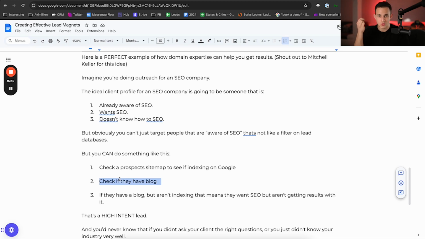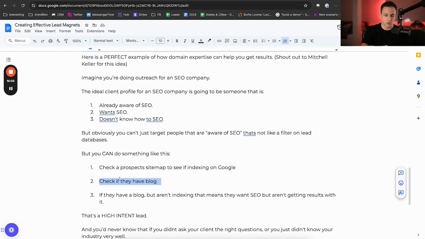A lot of content on a website makes you rank better, makes you have domain authority, okay? Now, if you have a blog and you're actively posting on it, that means that you want to be ranking for SEO. People don't just post blogs because they have nothing better to do. They post blogs for SEO. But if they're posting blogs but they're not indexed by Google, that means they're trying to get search engine optimization, but they're not getting there because of issues like that.